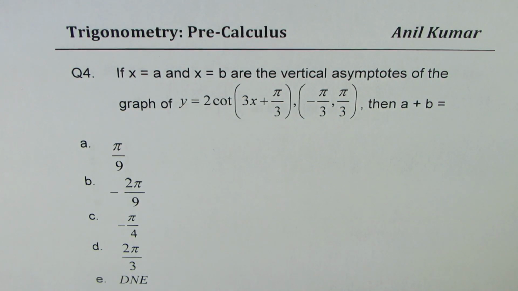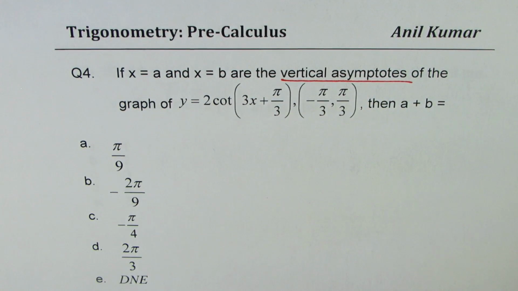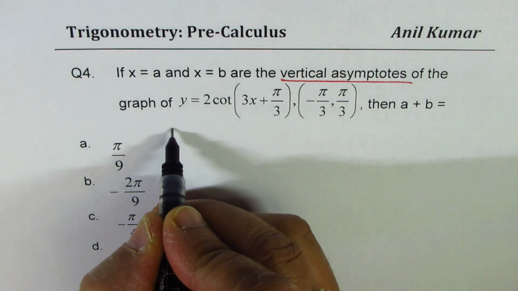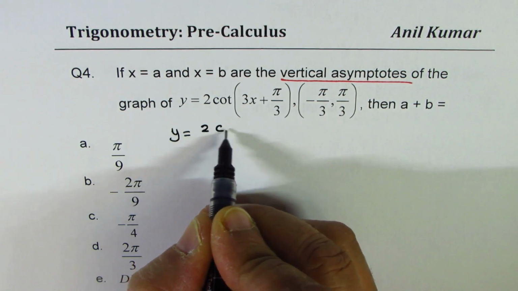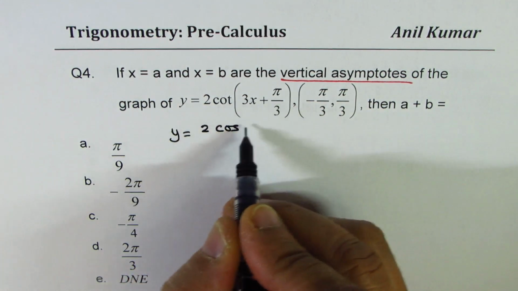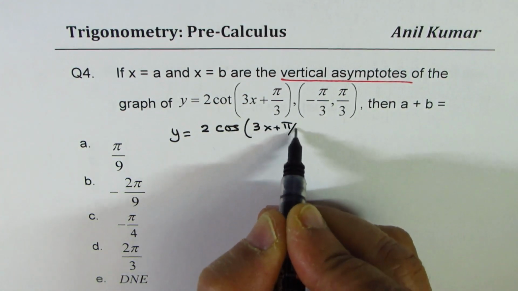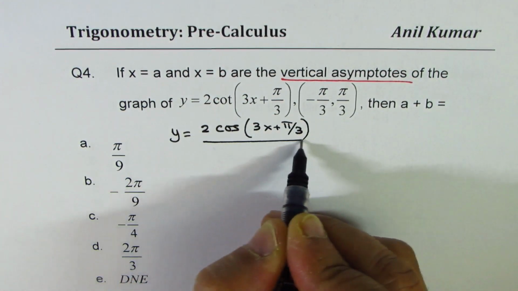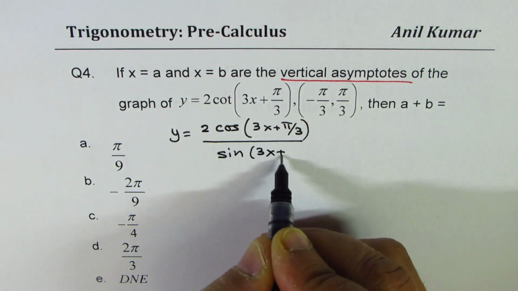Now we are looking into vertical asymptotes, right? So that means the denominator is 0. Cot can be written as cos over sine. So we could write this as 2 cos of 3x plus pi by 3 over sine of 3x plus pi by 3.